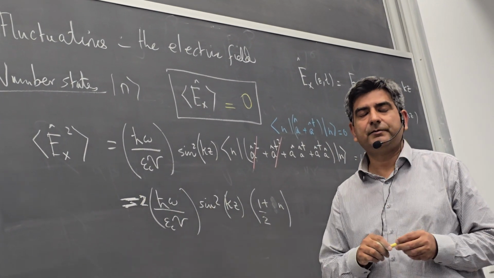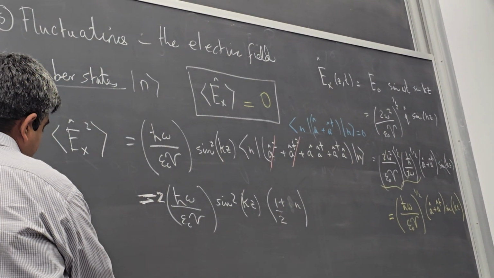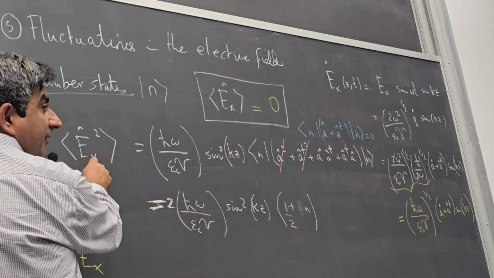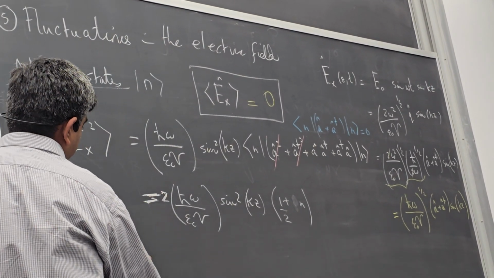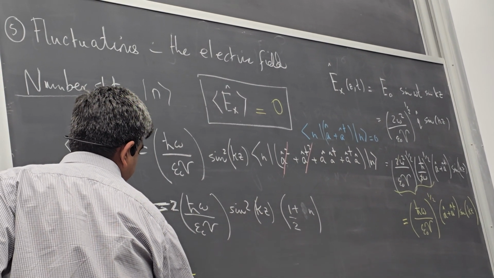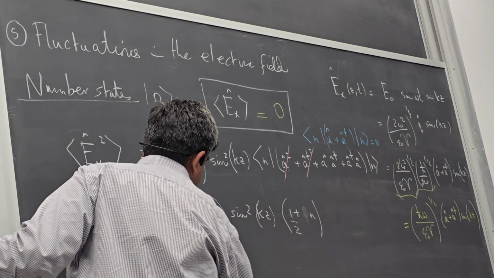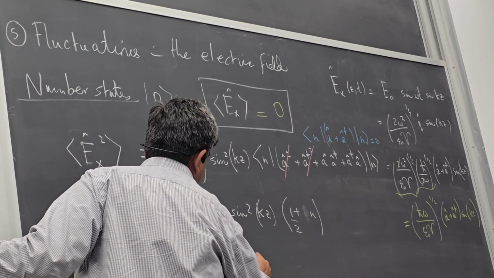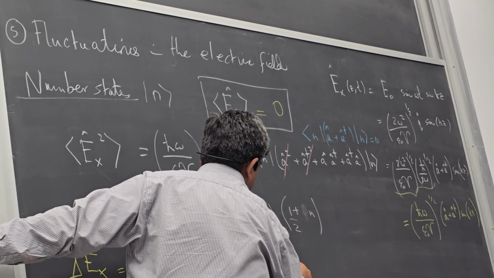Fluctuation in the electric field. So my delta Ex will be this minus the square of this. That will be under root 2 h bar omega over epsilon volume, 1/2 sine kz, n plus half.